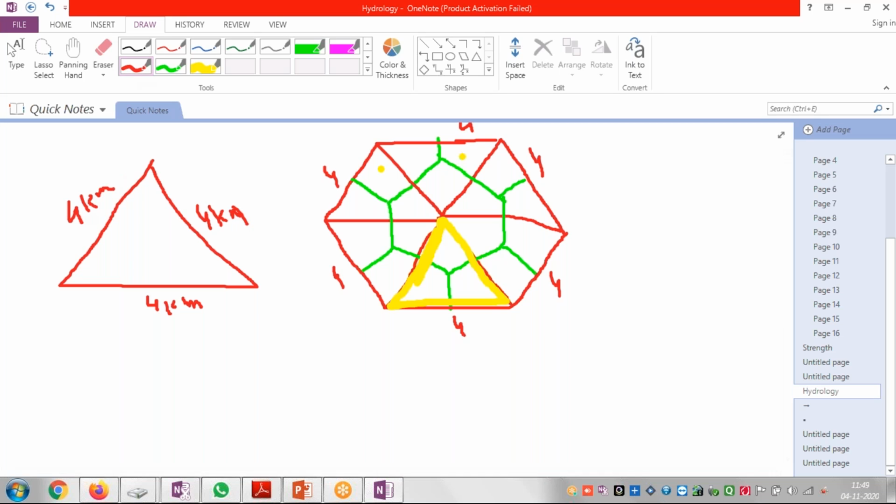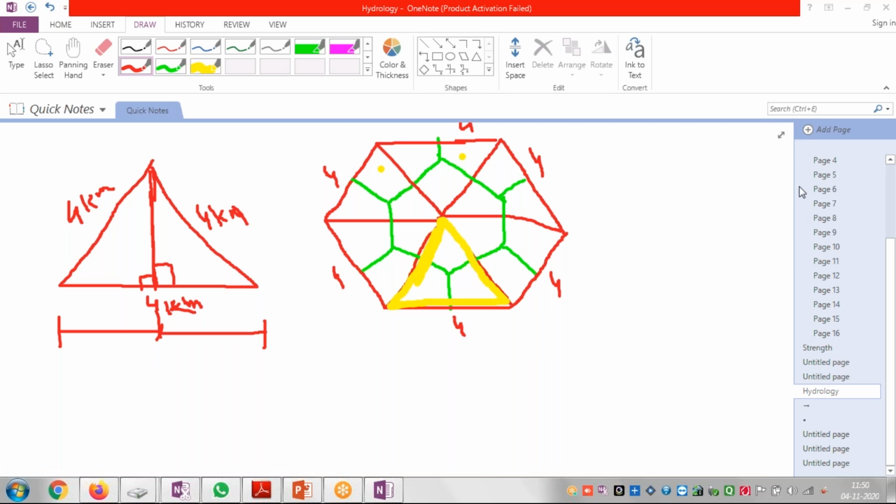To calculate the area of this triangle, I will mark one point as A. I will bisect and break this into two pieces. Now see here, this will be exactly perpendicular. So if this is 4 kilometer, can you tell me how much this portion will be, if it is exactly bisected?